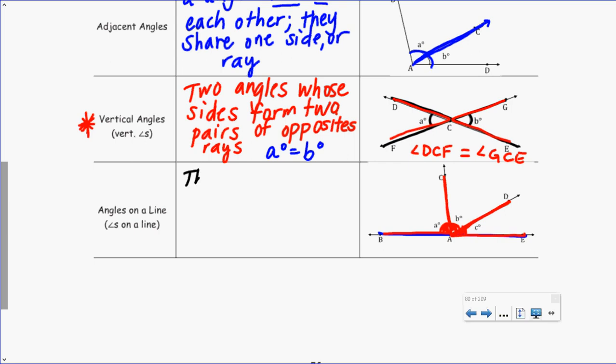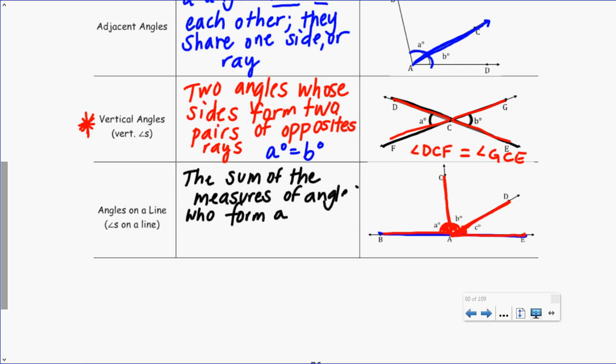So for this one, the sum of the measures of angles who form a straight line will equal 180 degrees.